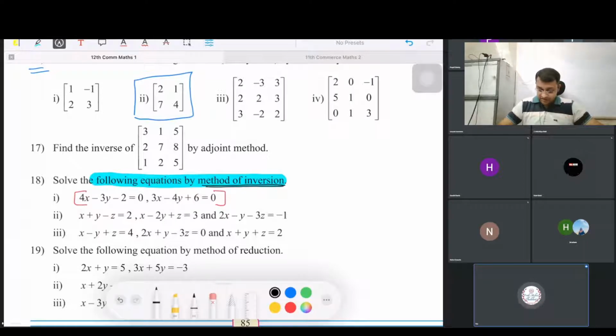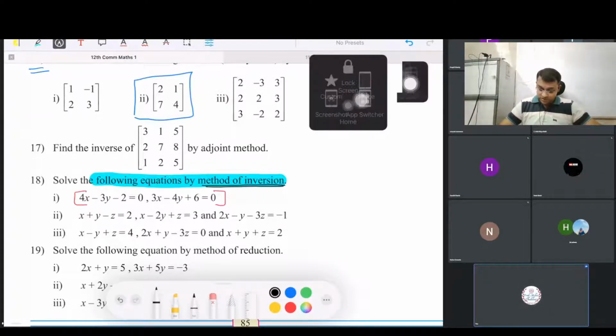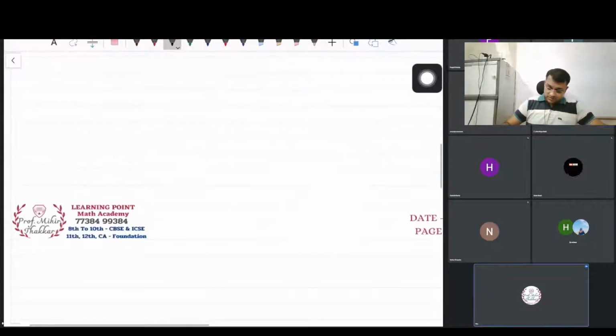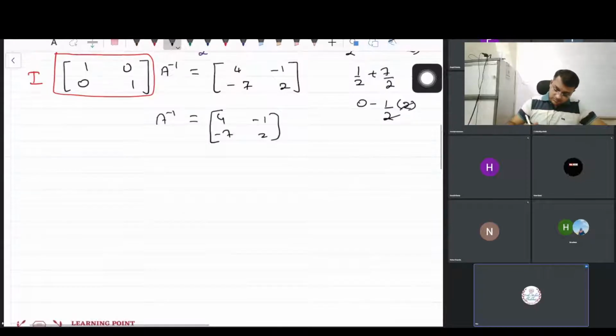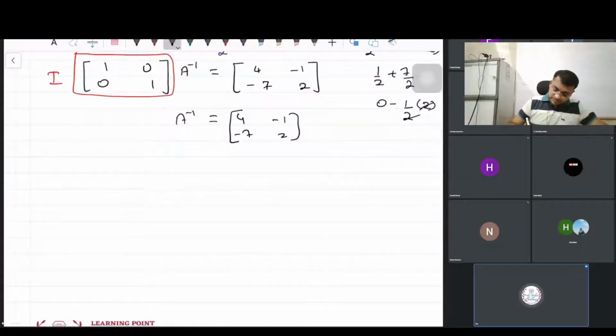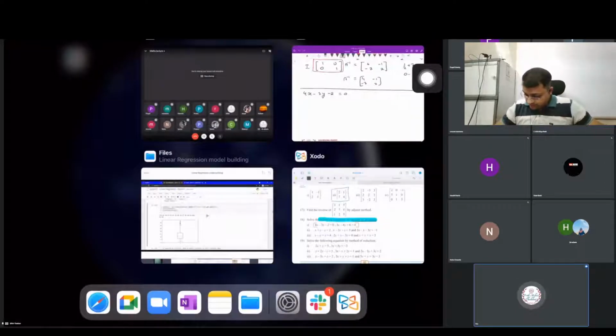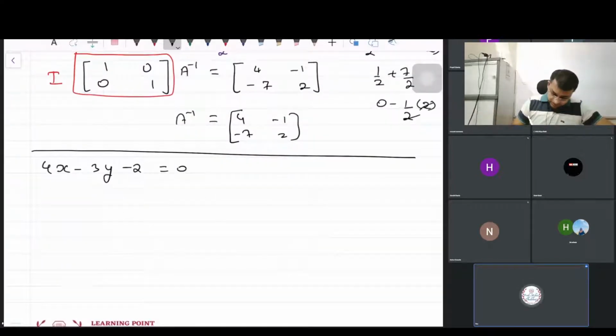Let us solve this equation. The question tells us that it is 4x minus 3y minus 2 is equal to 0, and the second equation that you have is 3x minus 4y plus 6 is equal to 0.